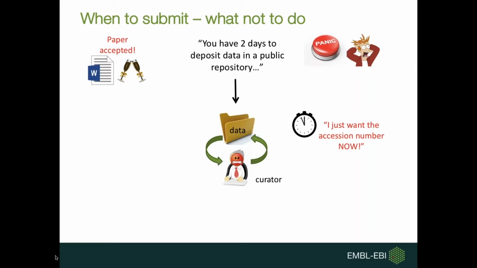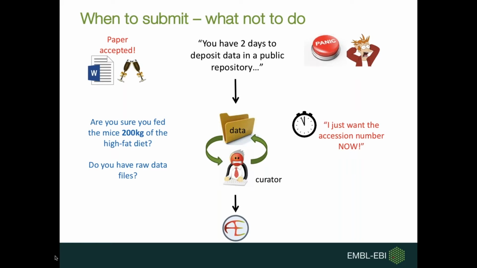This means that the submission is being rushed, and because it's being rushed both at the curation end and by the researchers, more mistakes happen, which means we as curators need to ask you more questions, and the submission process can actually take longer before your experiment is loaded in ArrayExpress.